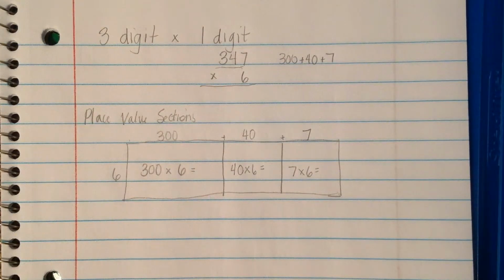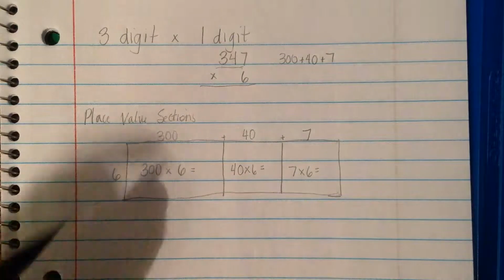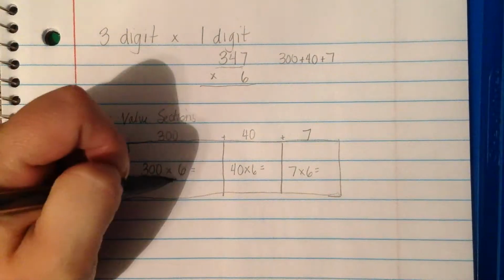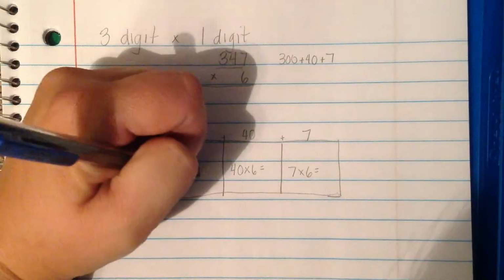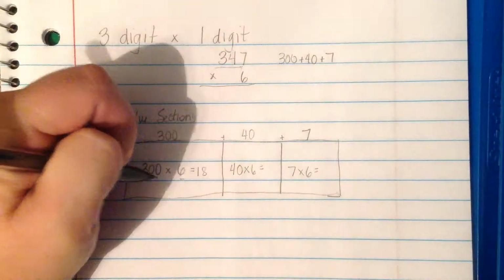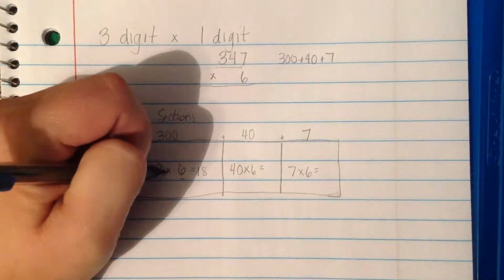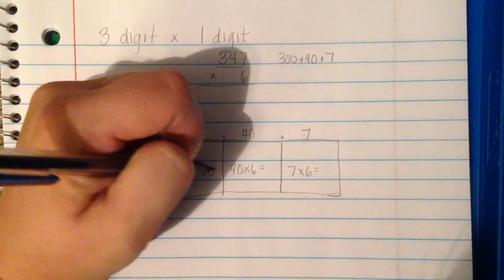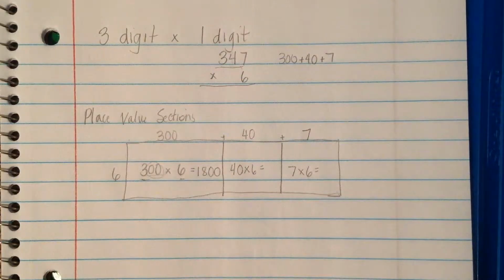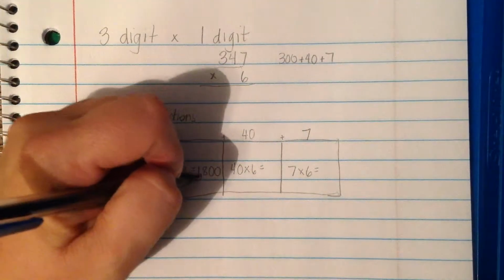So now I'm going to just write the answer for each one of them in the box. Well, I know that 3 times 6 is 18. How many place values do I have? I have 2, so I will add 2 back on in zeros. Don't forget your comma.